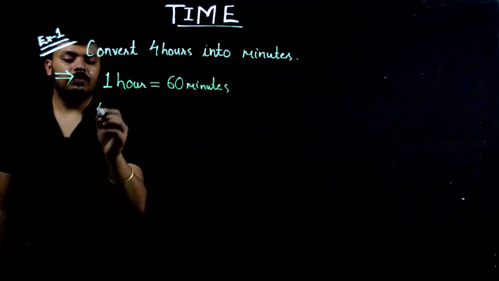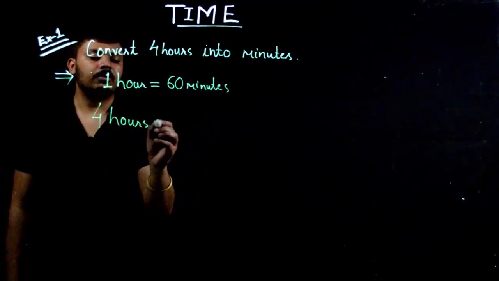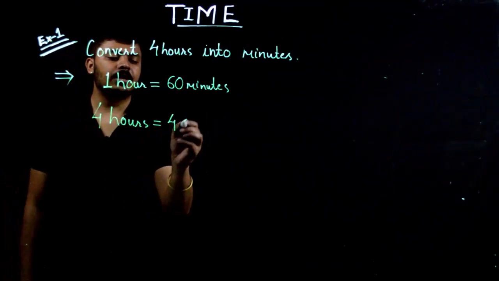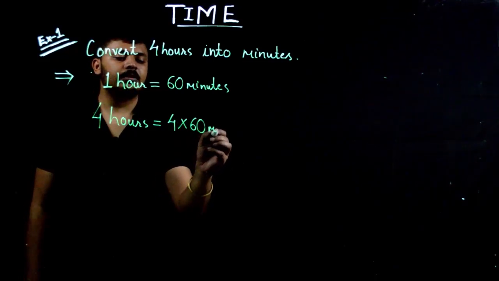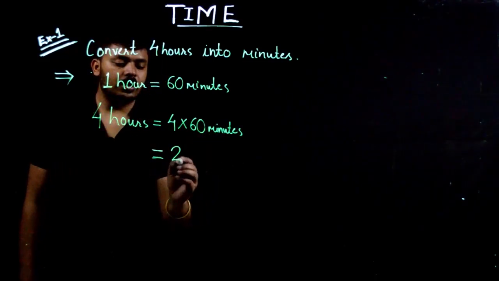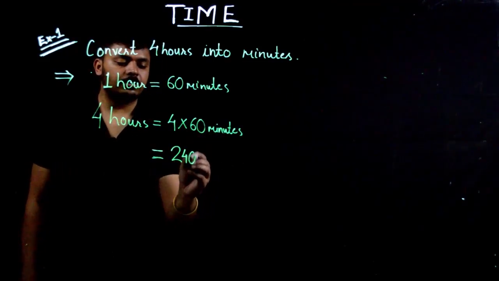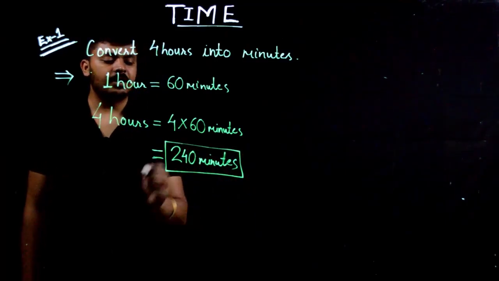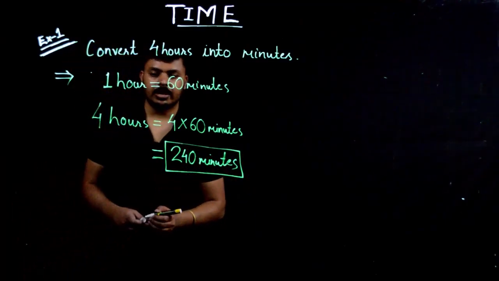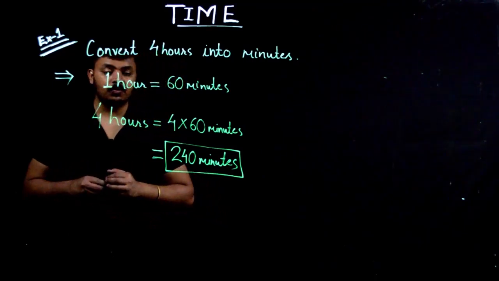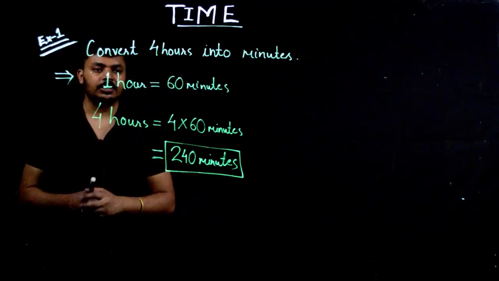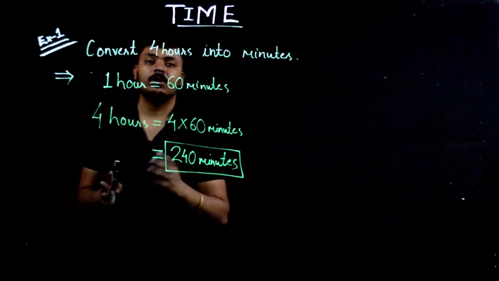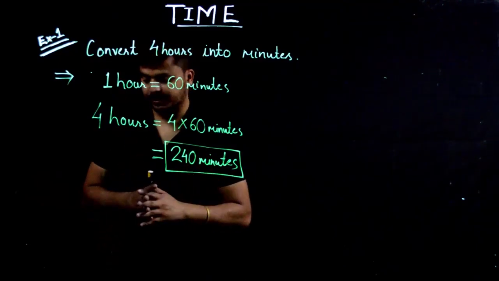Therefore 4 hours will be equal to 4 into 60 minutes. That is 240 minutes. So 4 hours are equal to 240 minutes.